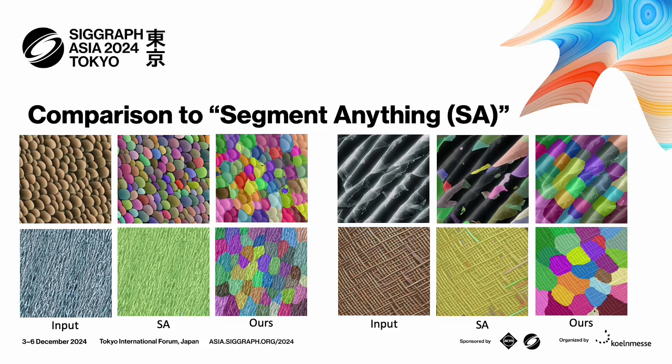We also compare our taxon segmentation results with Segment Anything. And as expected, Segment Anything works better when taxons have semantic meaning, but it does not work when the textures are random, which are actually the majority of use cases.